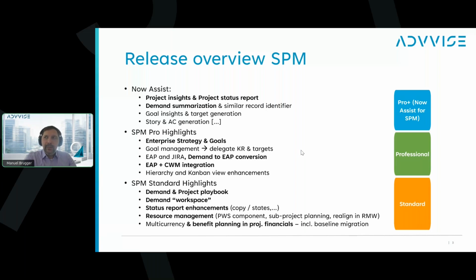There are enhancements in relation to strategic planning, or strategic goal management. The one is the possibility to generate goal insights out of the Now Assist capabilities, but also to automatically generate targets based on defined and documented goals.